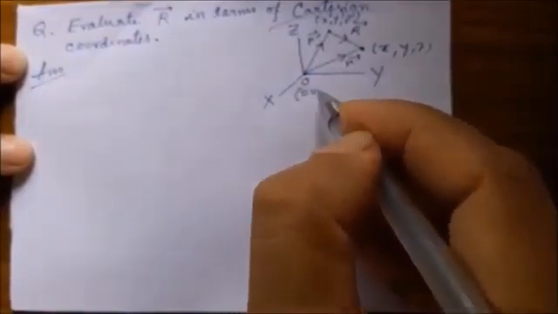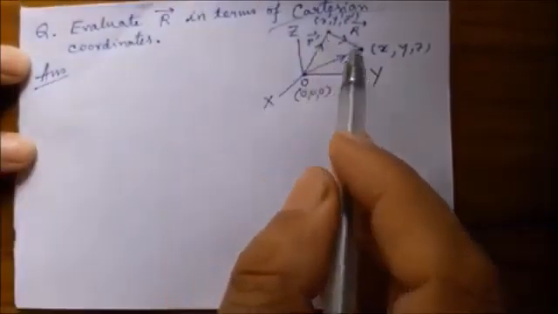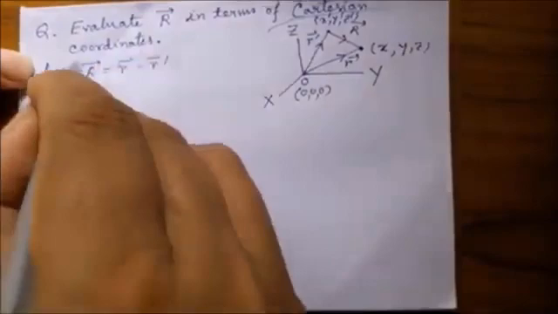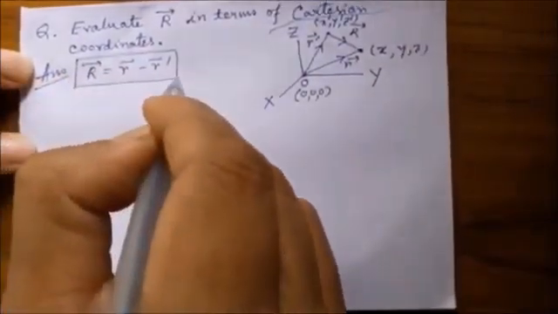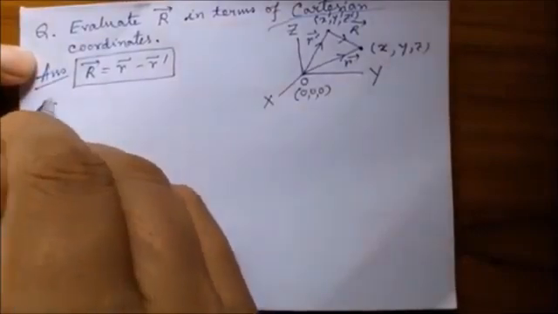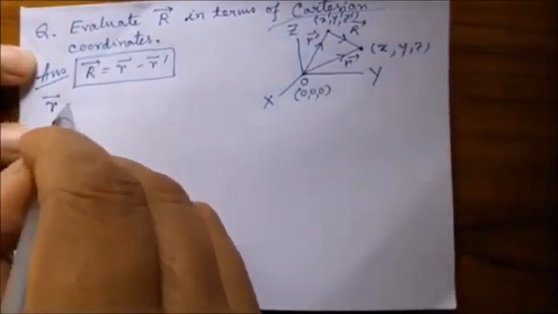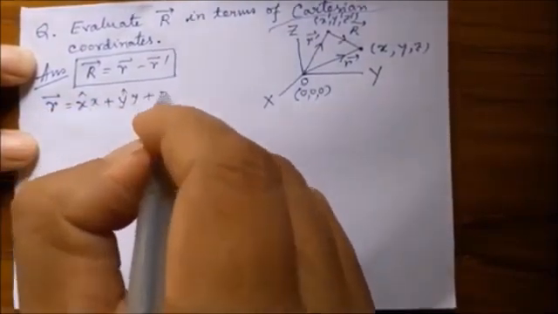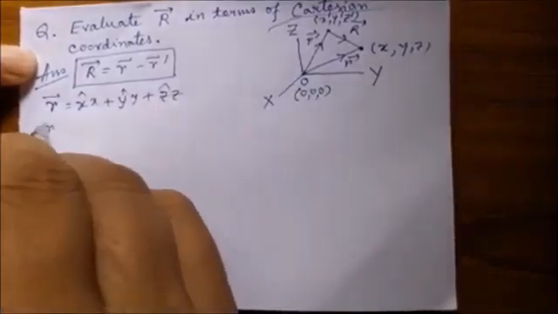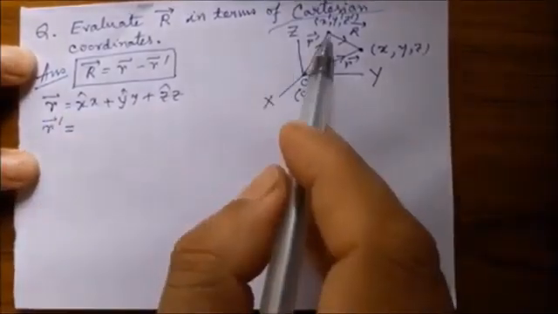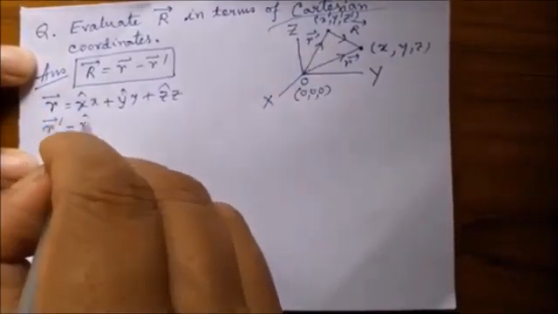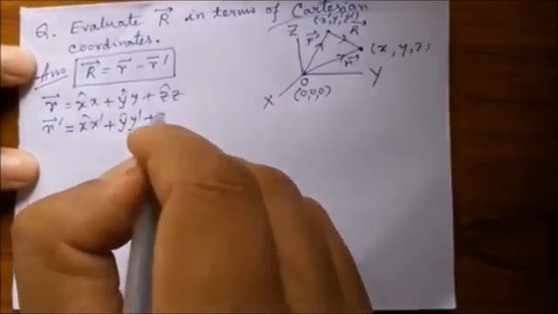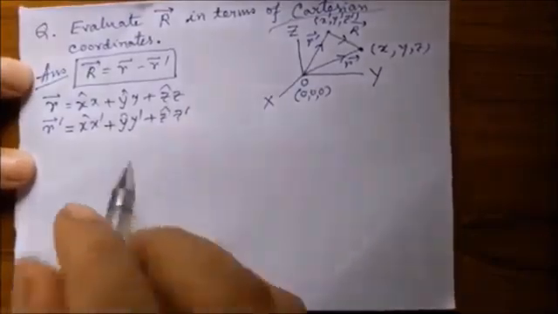This is the origin. From this triangle law, we have vector R to be r minus r prime, where vector r is given by x cap x plus y cap y plus z cap z, and the position vector of the source point is given by the primed coordinates x prime, y prime, z prime.